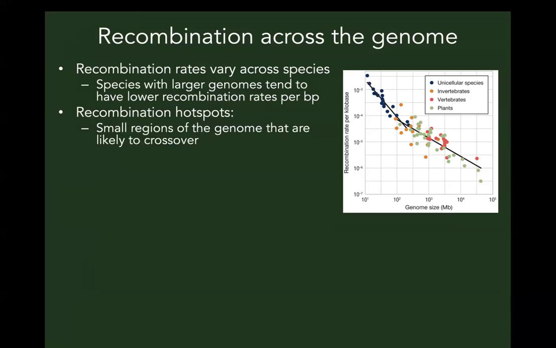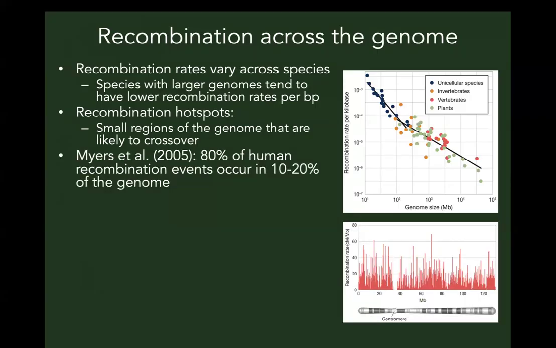Also, the recombination rate is not constant throughout even the same species. You have little regions of the genome that are much more likely to experience crossing over during prophase one of meiosis. Myers et al. found that 80% of human recombination events occur in only 10 to 20% of the genome.